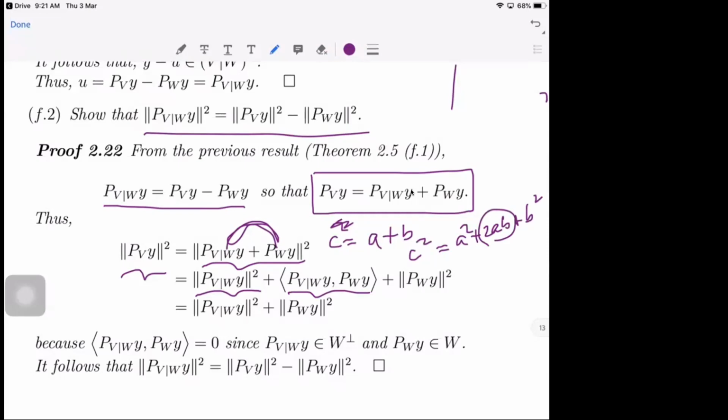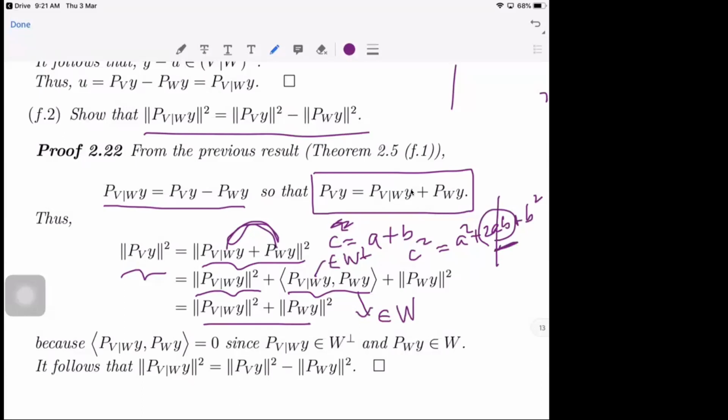Why? Because this is an element of where? W. And this is an element of W perp. Okay? So the middle product there becomes 0.